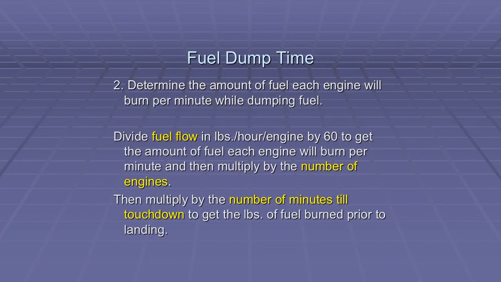Next, determine the amount of fuel each engine will burn per minute while dumping fuel. Divide the fuel flow in pounds per hour per engine by 60 to get the amount of fuel each engine will burn per minute, and then multiply by the number of minutes. Then multiply by the number of minutes till touchdown to get the pounds of fuel burned prior to landing.